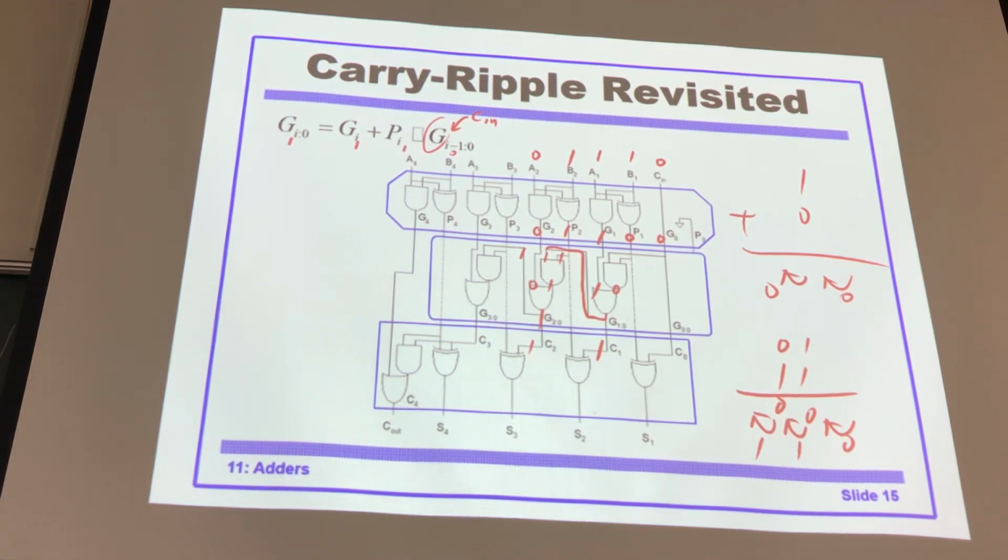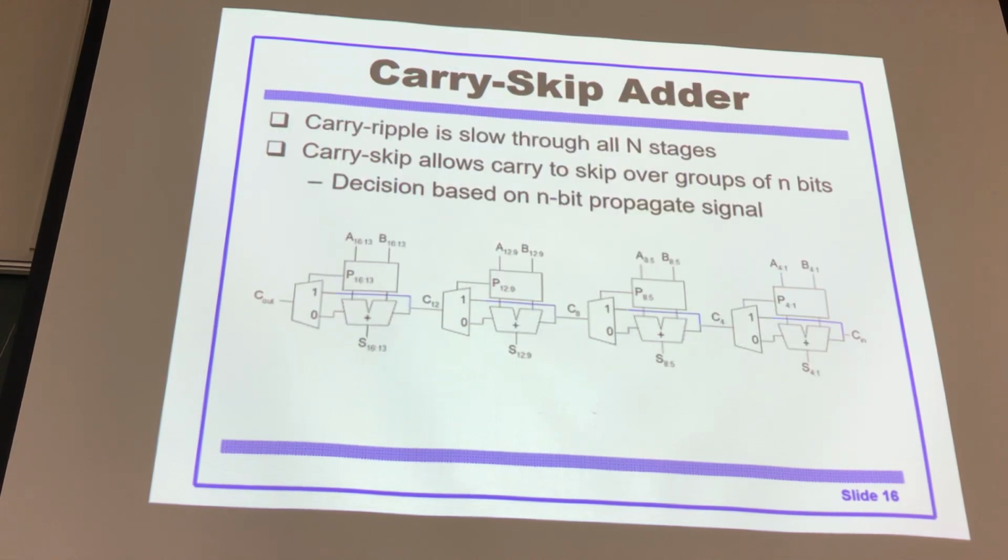Alright, so based on that, we are trying to design a few fast adders. The first one, carry skip adder. Because the most we are concerned about is the carry propagation delay, which is long, especially for large number addition, like 32-bit, like 64-bit.